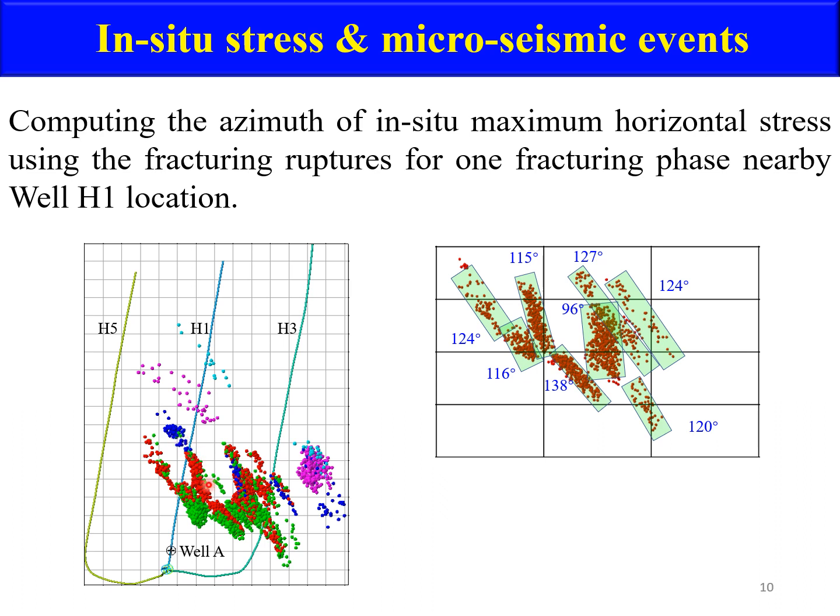The bars with the same color stand for the fracturing ruptures that were generated in the same fracturing phase. The right figure shows the zoomed display of red ruptures in the left figure, nearby the well H1. According to the cloud of ruptures, we can compute the azimuth of the maximum local horizontal stress.